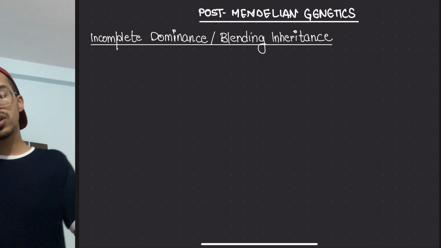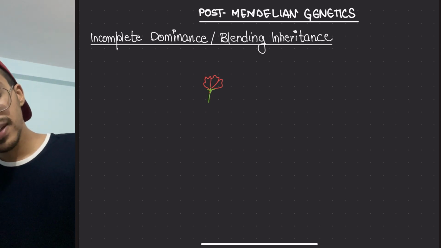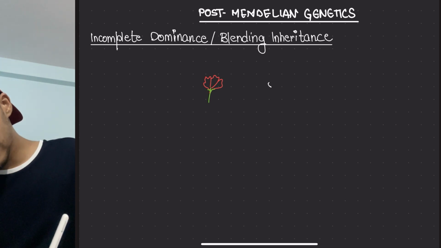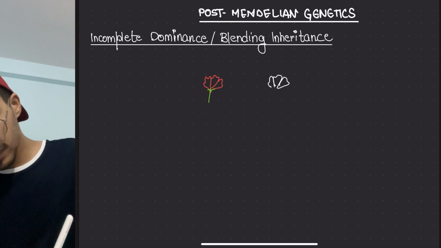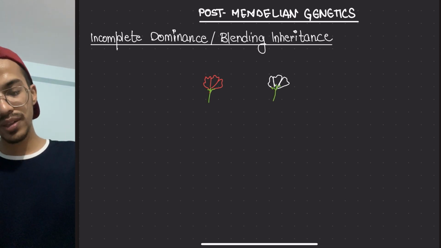So we took a red color flower plant. Imagine that this is the red color flower plant, and the same one has another variety also, that is, the white color flower. Now let's write the basic things.